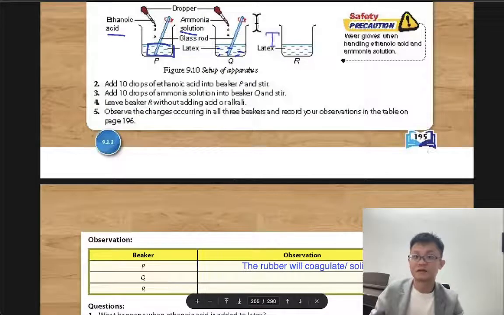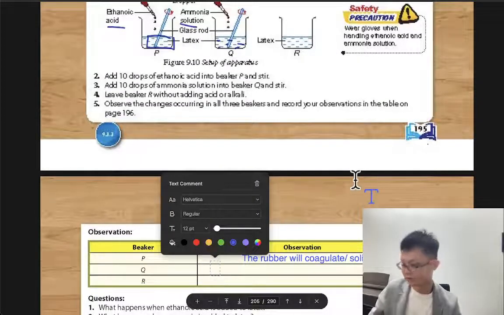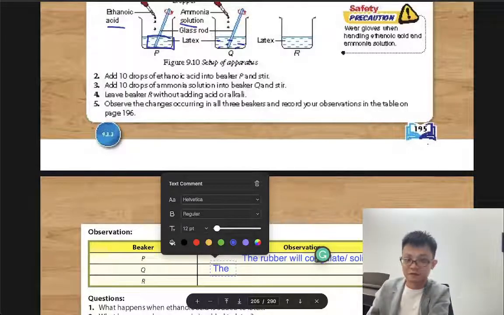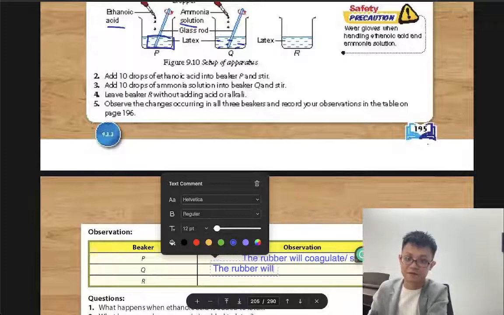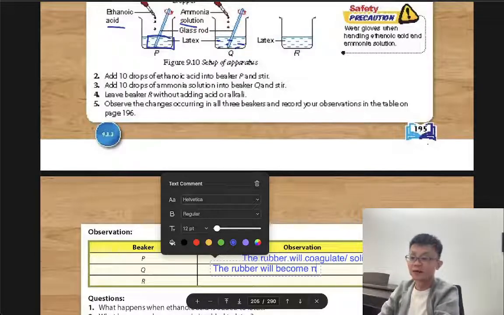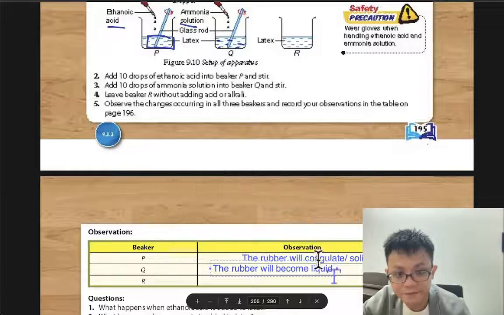Will the rubber coagulate, or not coagulate? The rubber will become like liquid, or not coagulate.